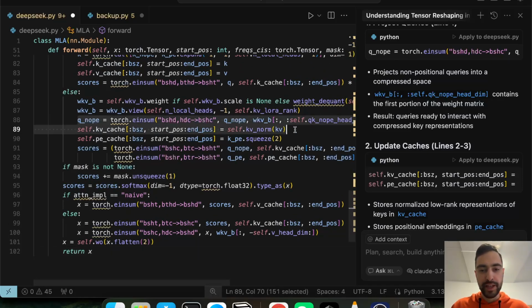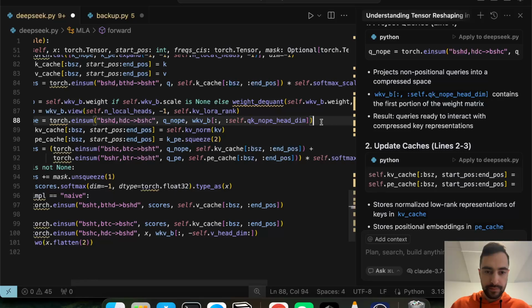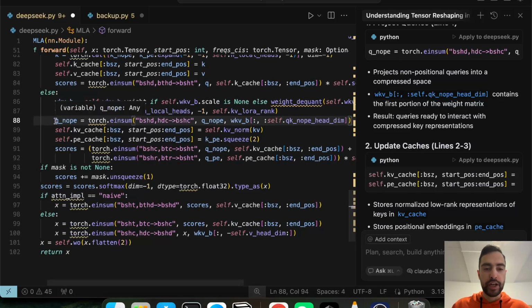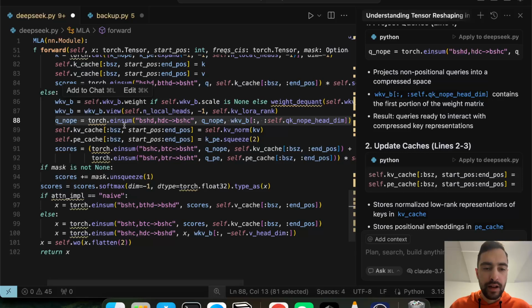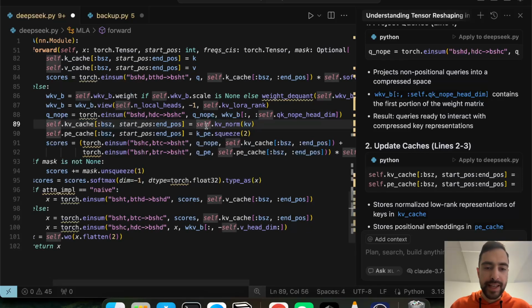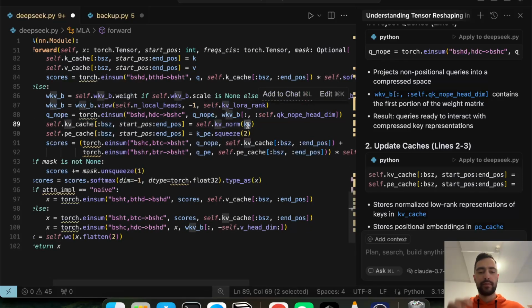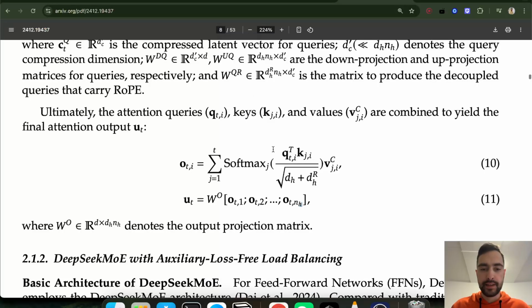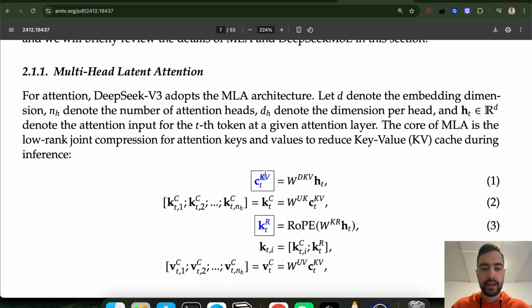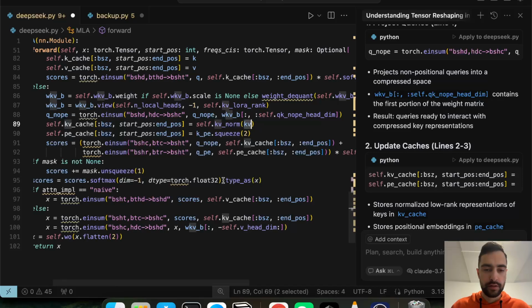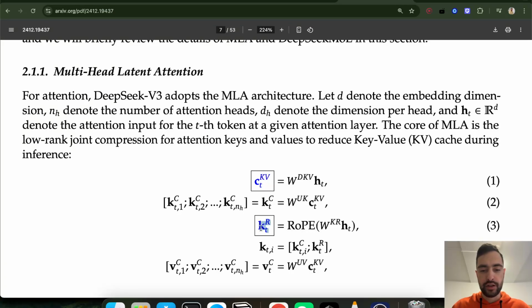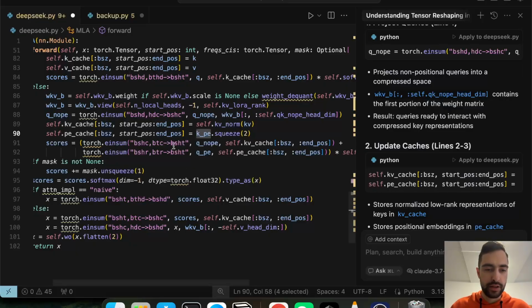So we left off here. This is transforming or merging the up key weights into the Q weights. So up Q weights, projection and Q projection weights. Then we are saving the normalized key value, this matrix, into cache. And we are also saving the positional, this, into cache, the key positional.